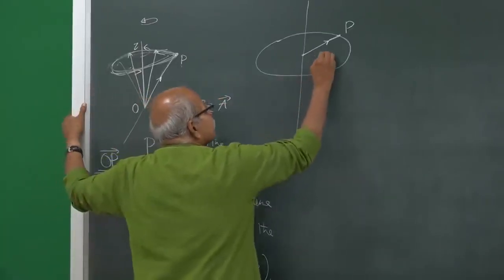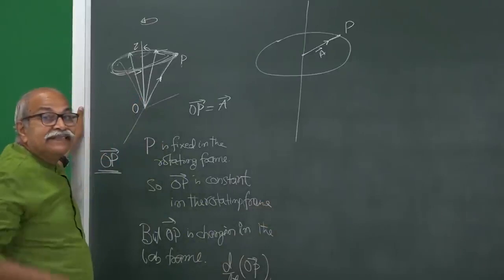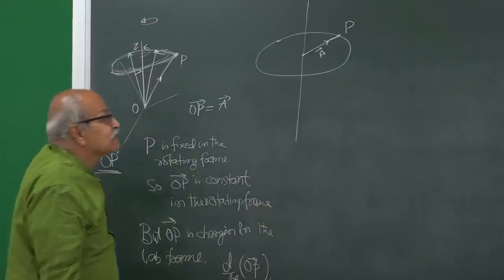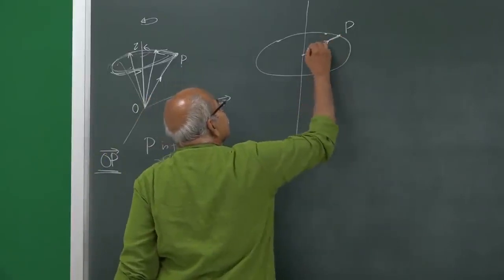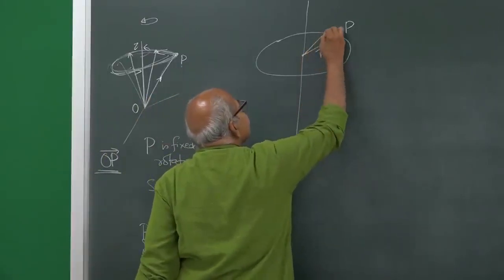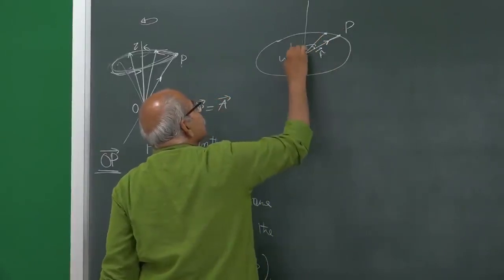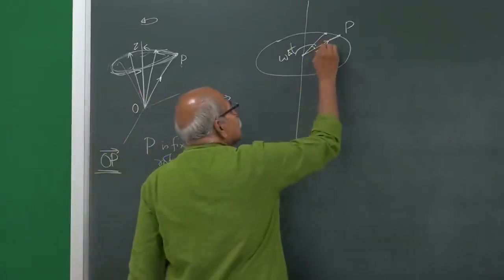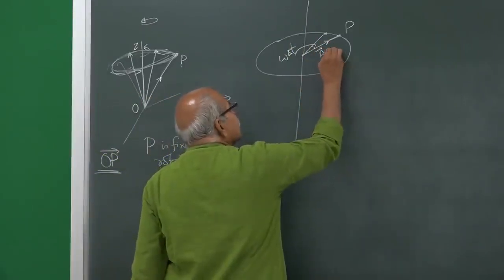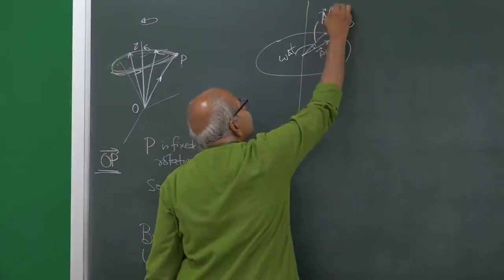So this is the A vector at this time. After dt time, this particle will reach here, and this angle will be omega delta t. So this was vector A at time t, and this is the vector A at time t plus dt.